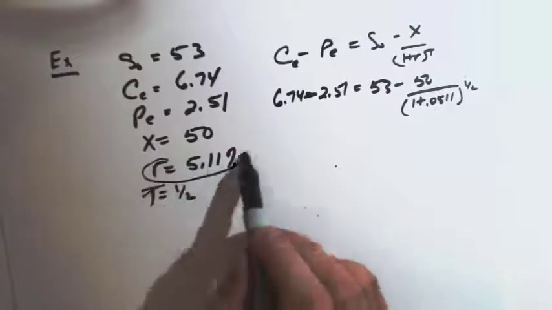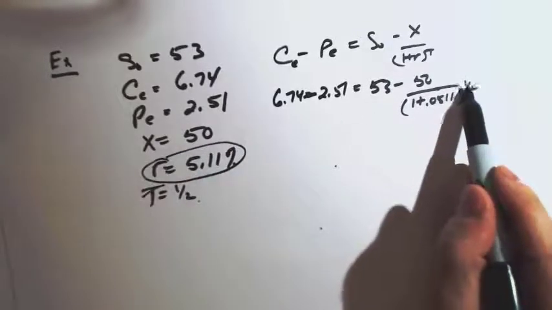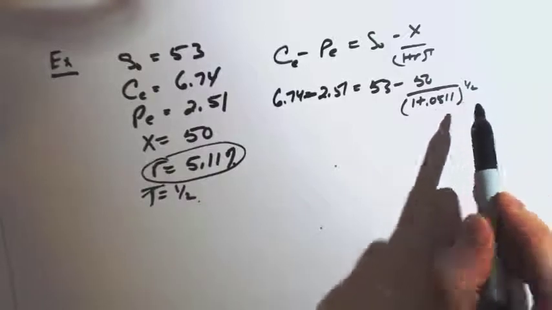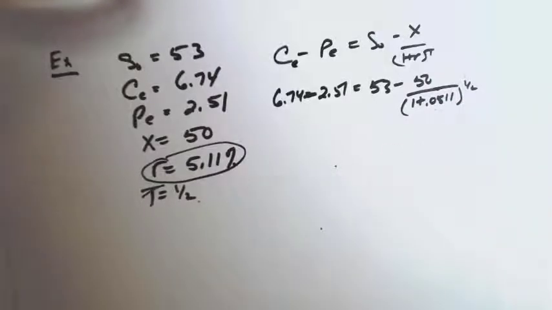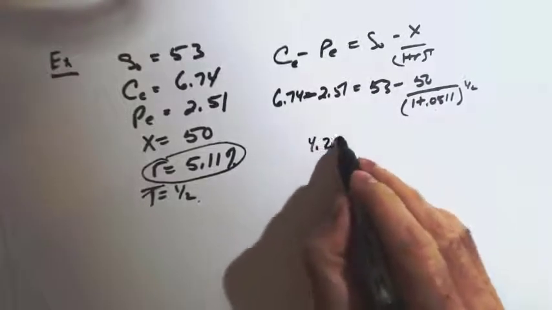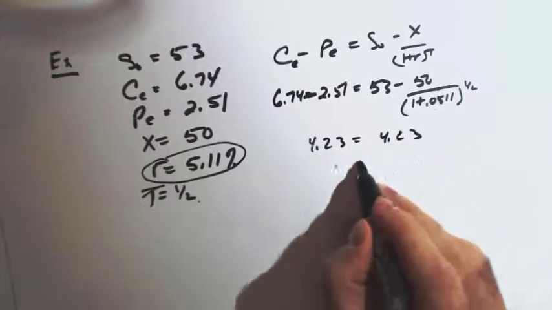We're semi-annualizing it by taking it to the 1/2 power. Okay, so now if we solve this, we come to 4.23 equals 4.23.